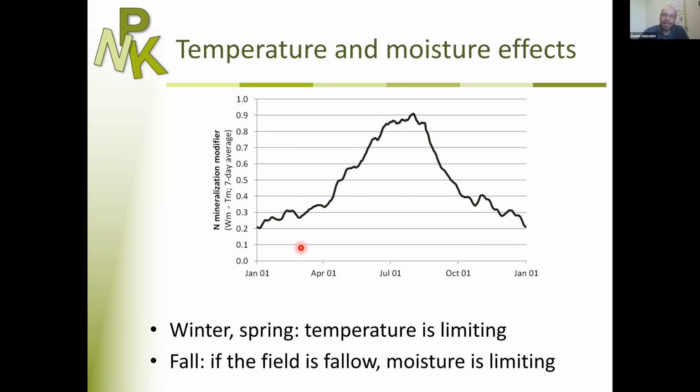So what that shows us, from January all the way to January, and a relative factor, is that during the winter, nitrogen mineralization is low. And that's mainly because temperature is low. So it's temperature limited, even though when we have rainfall during the winter, soil moisture content would be optimal, but temperature is just too low for microorganisms to be very active.